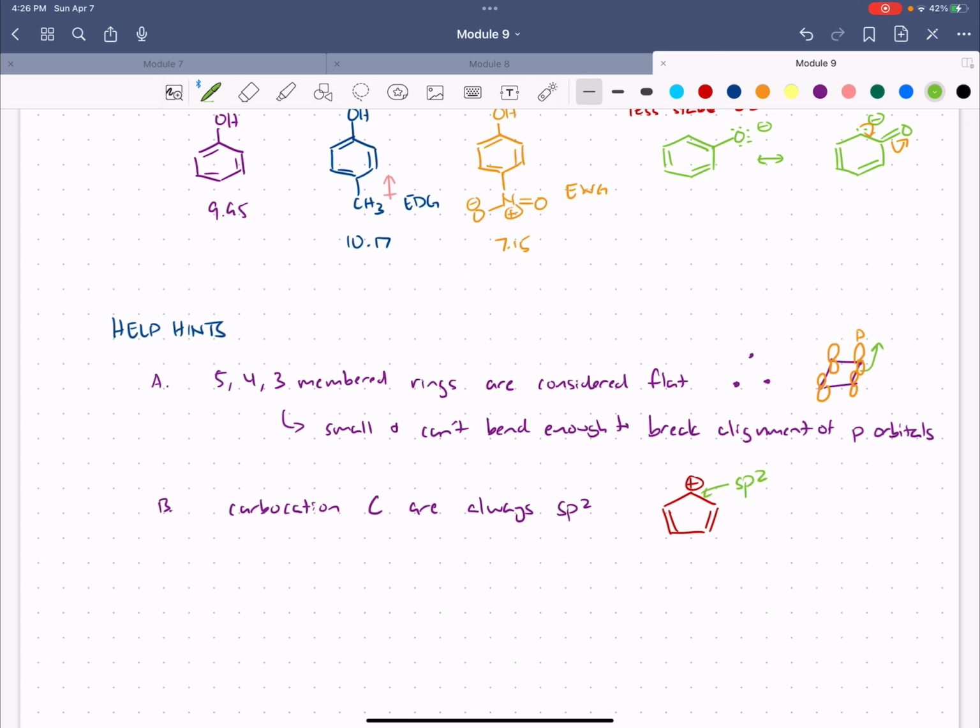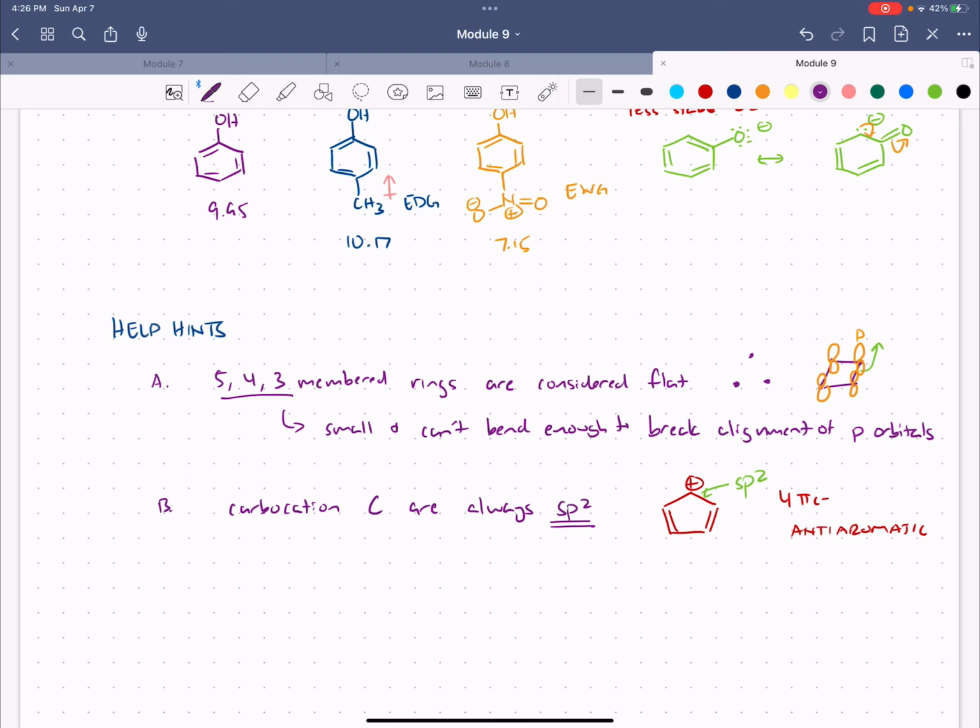Well, nuts. The molecule's flat, again, because of this rule. All atoms are sp2, but we have a non-Hückel number. We have 4 pi electrons. Anti-aromatic. But that's not the point of this rule. I'm saying that carbocation carbons are always sp2, which is good. There's no choosing. You don't have to decide if it's good or bad.